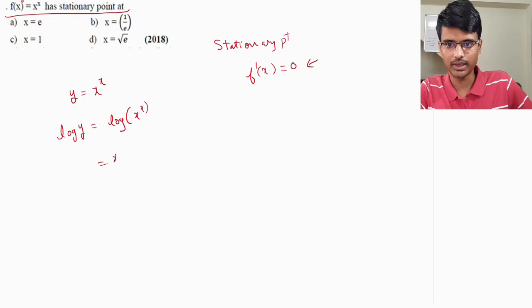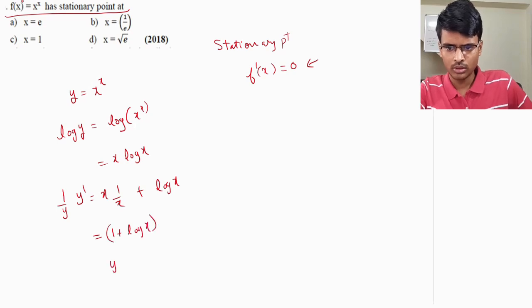On taking logarithm, I get x log x. Differentiating on both the sides, I get 1 by y into y dash equals x into 1 by x plus log x, which is 1 plus log x. So y dash is equal to 1 plus log x by y.